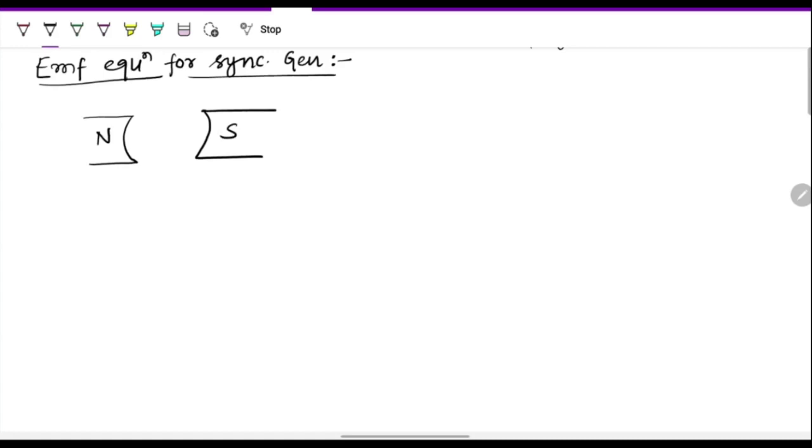Let N and S be north and south pole, and this be a conducting loop, and the plane of this loop is perpendicular to the plane of this sheet. So we will consider this situation as omega t equal to 0.